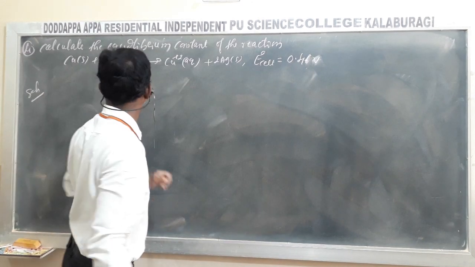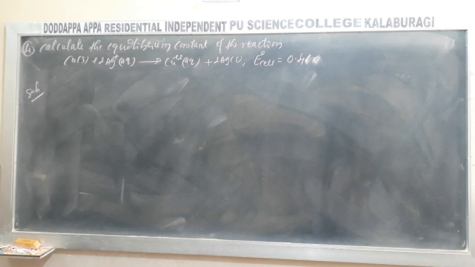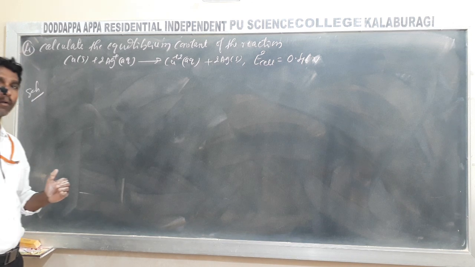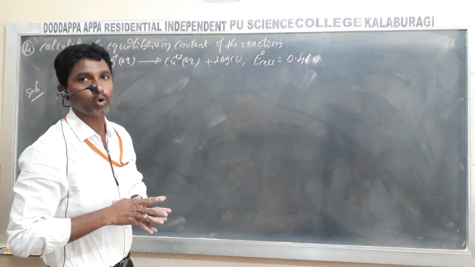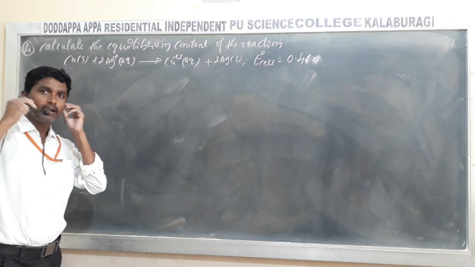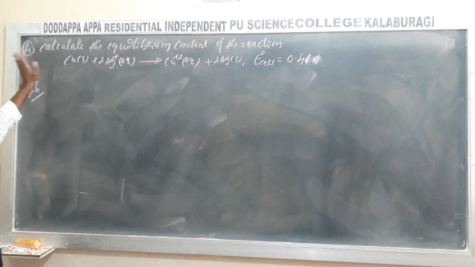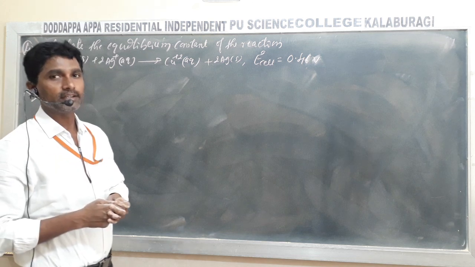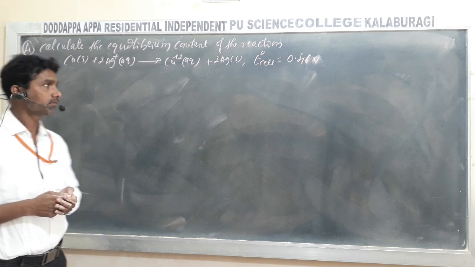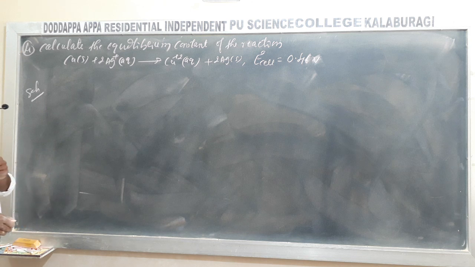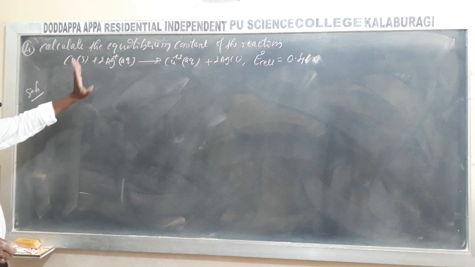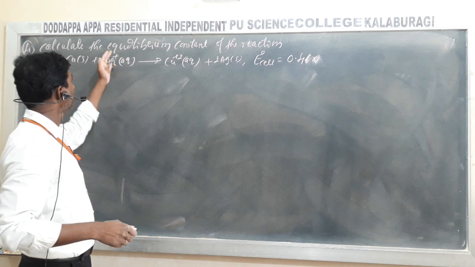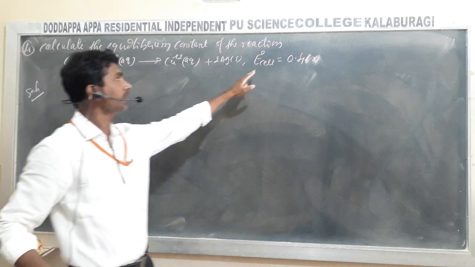Now the fourth problem. The first two problems are based on the electrochemical cell, and the third problem is based on the relation between free energy change and the electrochemical cell. Now the fourth problem is based on the relation between equilibrium constant and EMF of a cell.